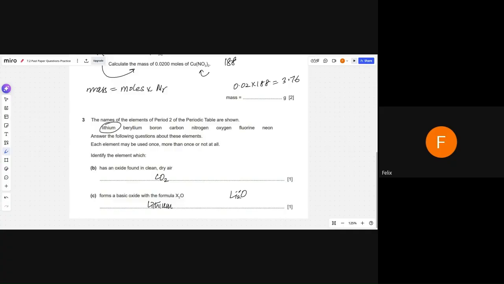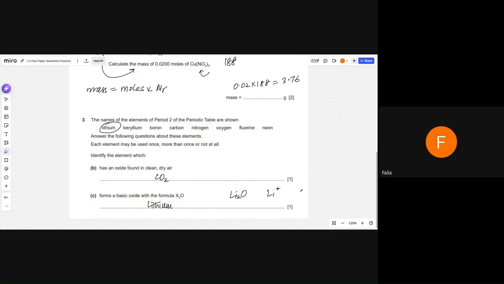Lithium is from group 1, so its ion will have a +1 charge, because it loses an electron to have a complete outer shell. This is from chapter 2, I believe. There's a separate lecture available on this channel on how to write the formulas of ionic and covalent compounds.